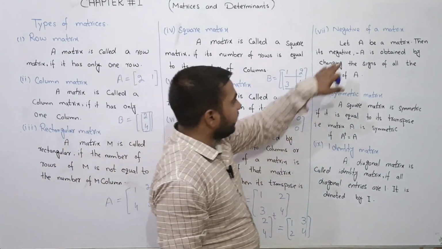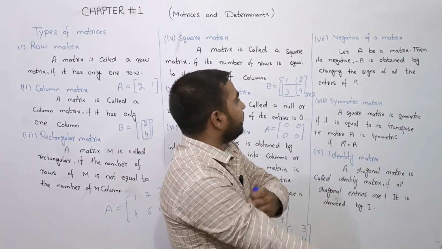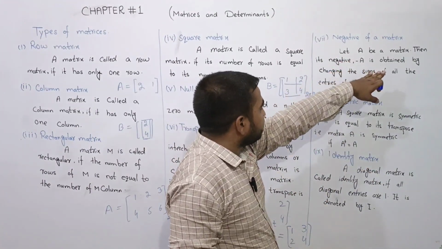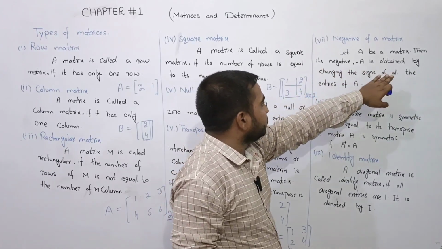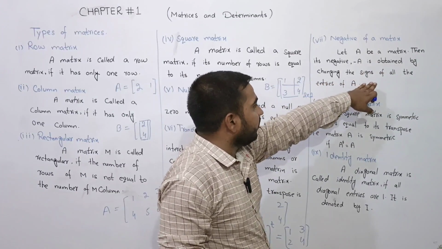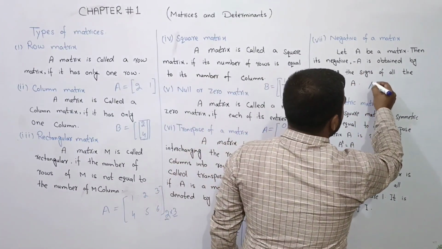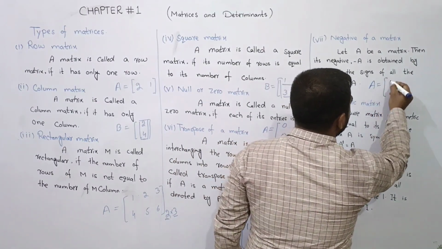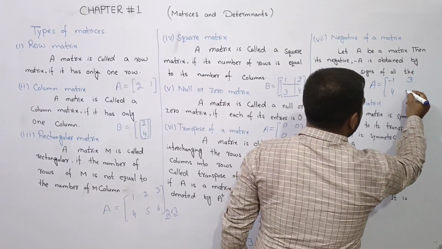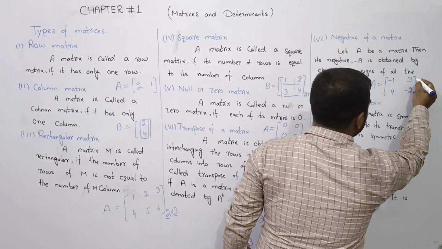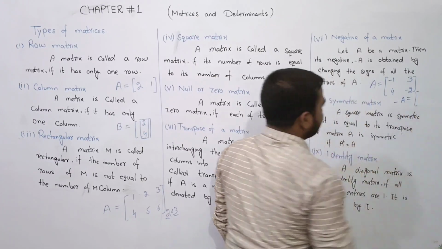Next one is the negative of a matrix. Suppose that A is a matrix, then its negative, indicated by minus A, is obtained by changing the sign of all entries of A. A is -1, 3, 4 and -2. Then negative A is obtained by changing the signs.